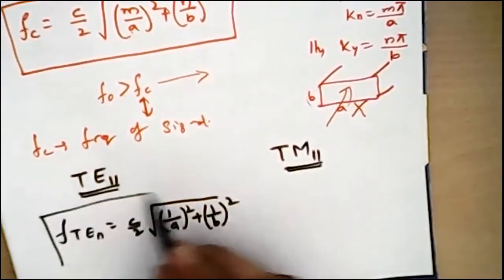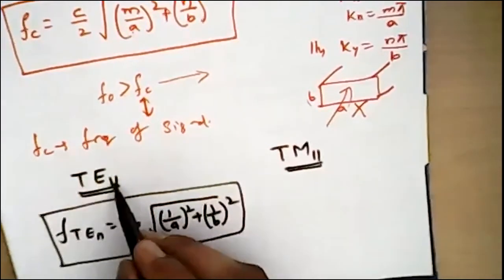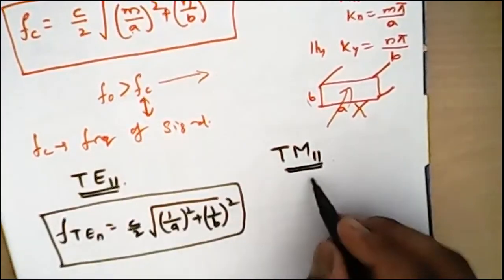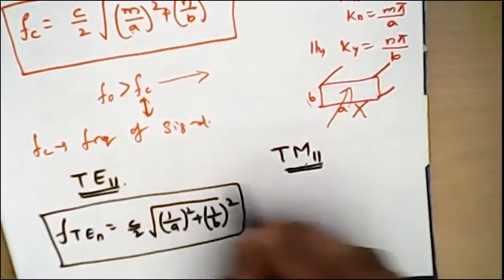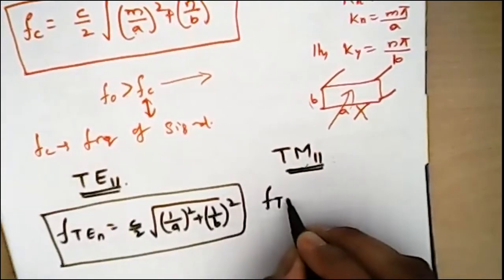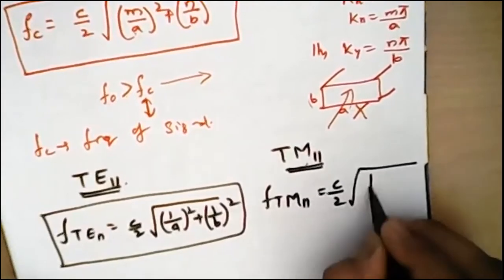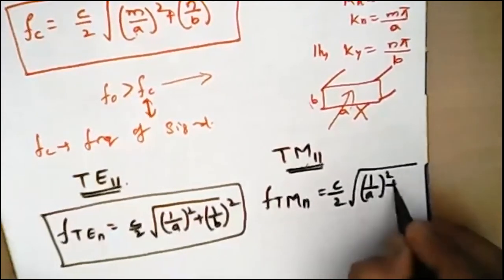This is the cutoff frequency expression for TE11 mode. The same can be done for TM11, and we get the same expression. Hence the cutoff frequency for both TE11 and TM11 is the same: 1 by a whole square plus 1 by b whole square.